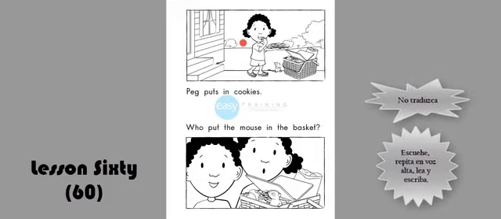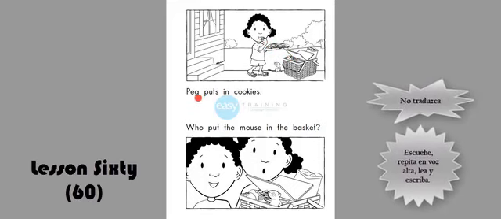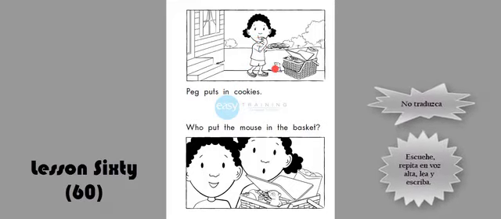Now here is Peg. She puts cookies in the basket. Peg puts in cookies. And look, she is eating a cookie. And the mouse is watching.